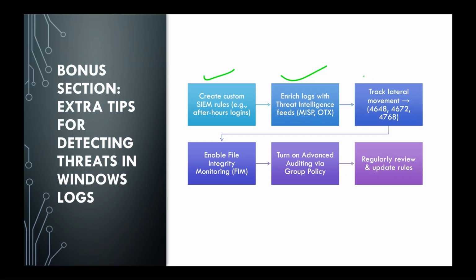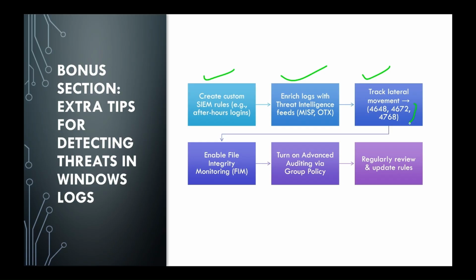And tip number three, look for lateral movement in event logs. Attackers rarely stop at just one compromised machine. They often move laterally through the network to escalate privileges or steal more data. So by looking for patterns of lateral movement in Windows logs, you can detect if an attacker is trying to spread across your environment.